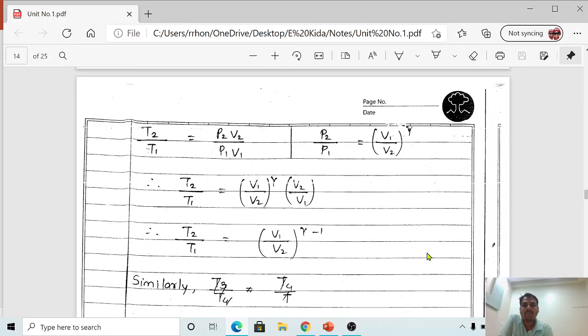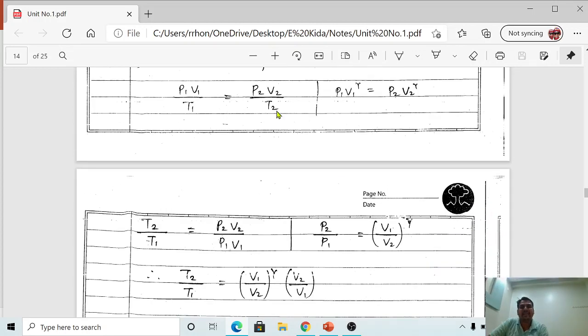After further simplification, again take this T2 over here. So T2 by T1 is equal to P2 V2 divided by P1 V1. So again, now separate out the terms of P2 by P1, with P1 over here, and V1 by V2, and the gamma is common, that's why we can write V1 by V2 raised to gamma. Simultaneously we are simplifying these two terms.